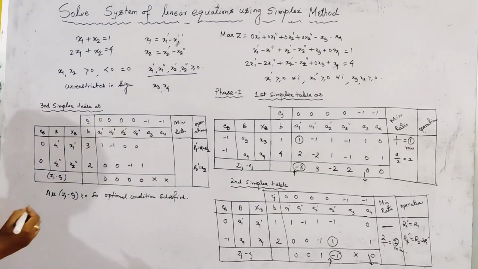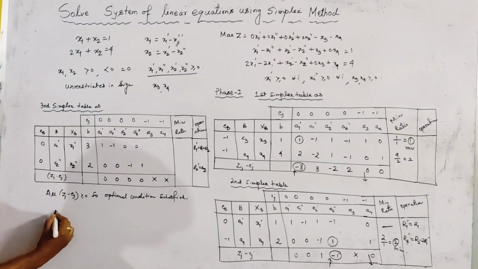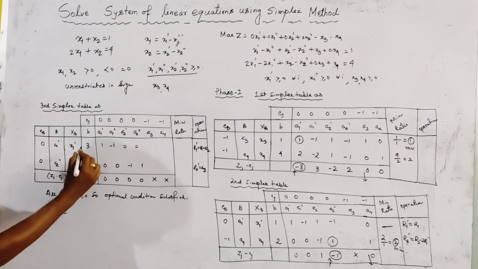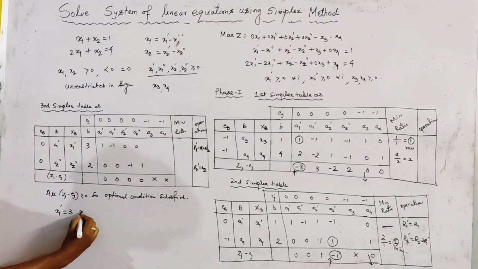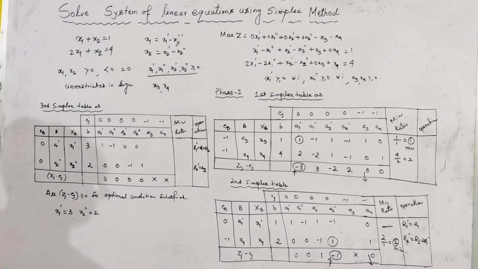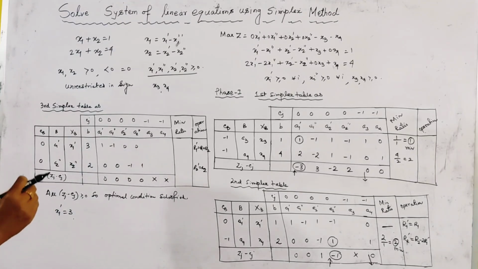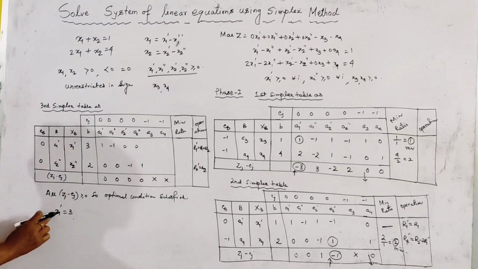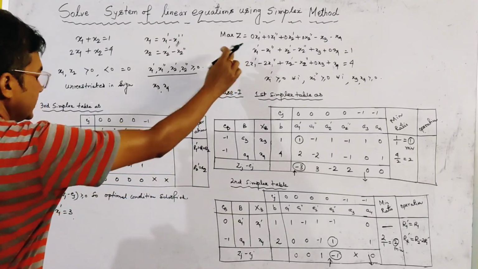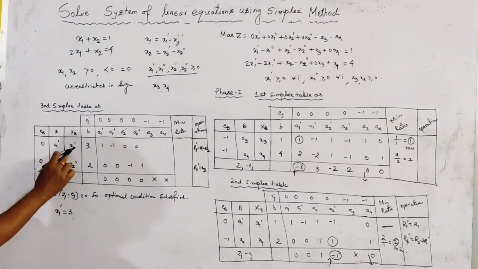Okay, and the optimal solution is given by x1 dash equal to 3, and x2 double dash equal to 2. Okay, but we cannot write the solution in this form. We write the original variables one by one. The first original variable is x1 dash, equal to 3 from the table.